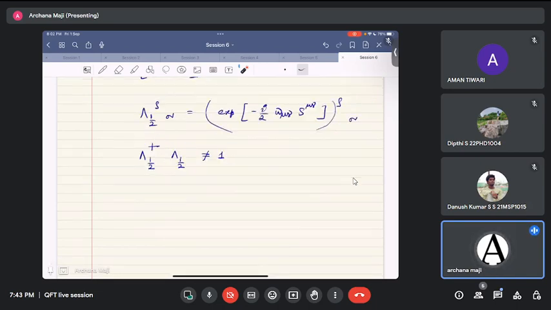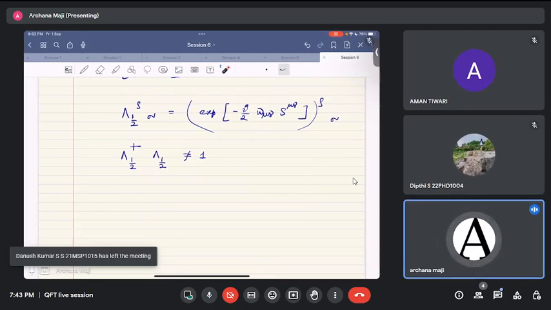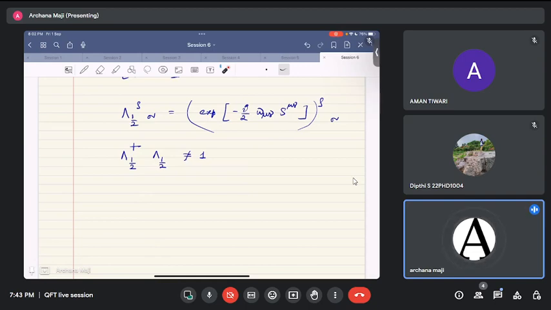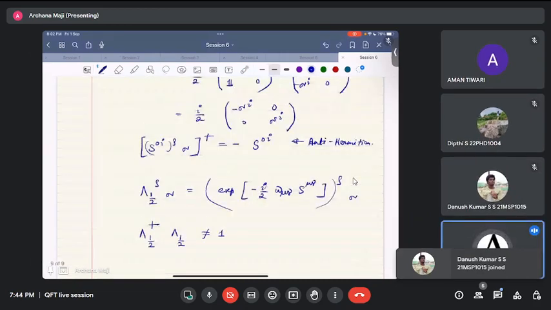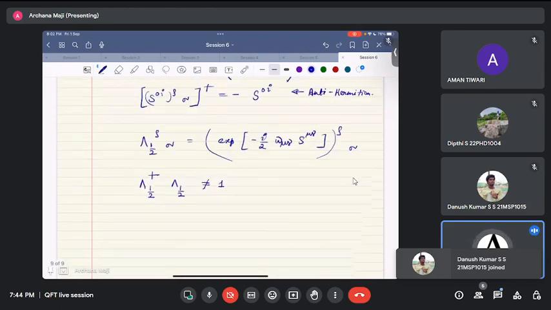And this doesn't matter because the Dirac spinor is a field, so it can transform under non-unitary matrices as well. Okay, so this is an important point to make.